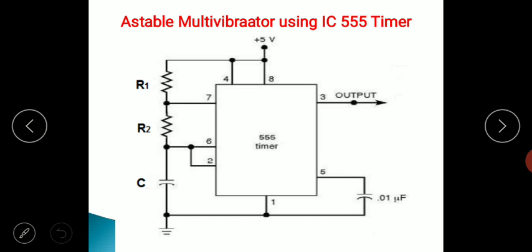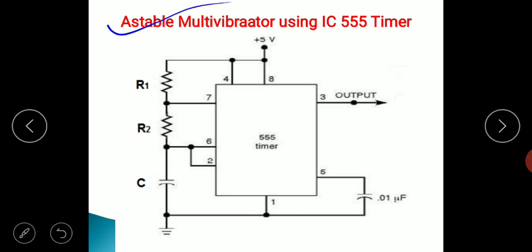Then the very important application of this 555 timer which we are going to study in your syllabus is how the timer can be used as an astable multivibrator. Now what exactly do you mean by multivibrator? Basically, a multivibrator is nothing but a square wave generator, or we can say a relaxation oscillator.